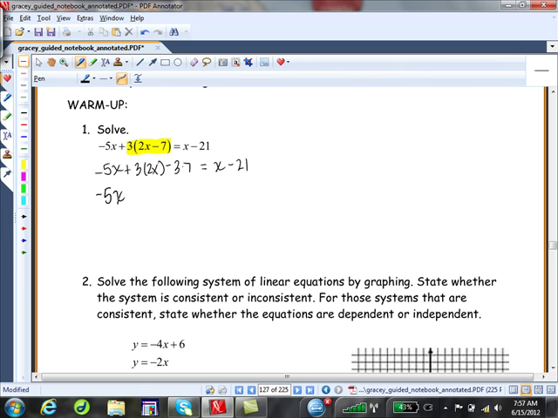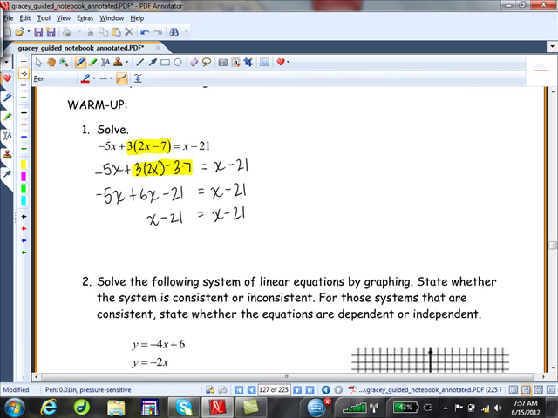Negative 5x, and by the way, this was the result of the distribution, plus 6x minus 21 equals x minus 21. This will give us x minus 21 equals x minus 21. And let's see what happens.